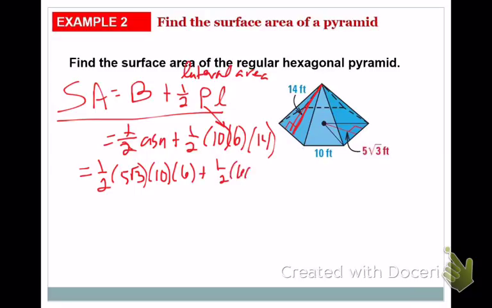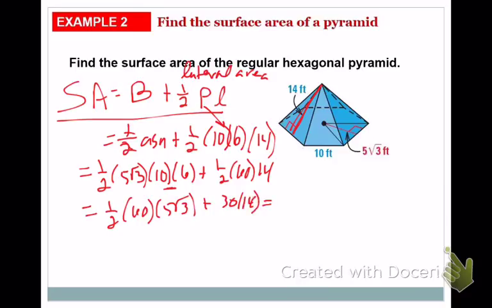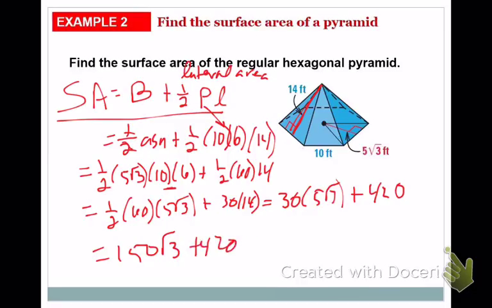There's 6 sides. And now we're off and running and just simplifying. 10 times 6 is 60 times 14, right? So we have 1/2 times 60 times 5 radical 3, plus half of 60 is 30 times 14. Half of 60 is 30 times 5 radical 3 plus 30 times 14 is what, 420. 30 times 5 is 150 times radical 3 plus 420.